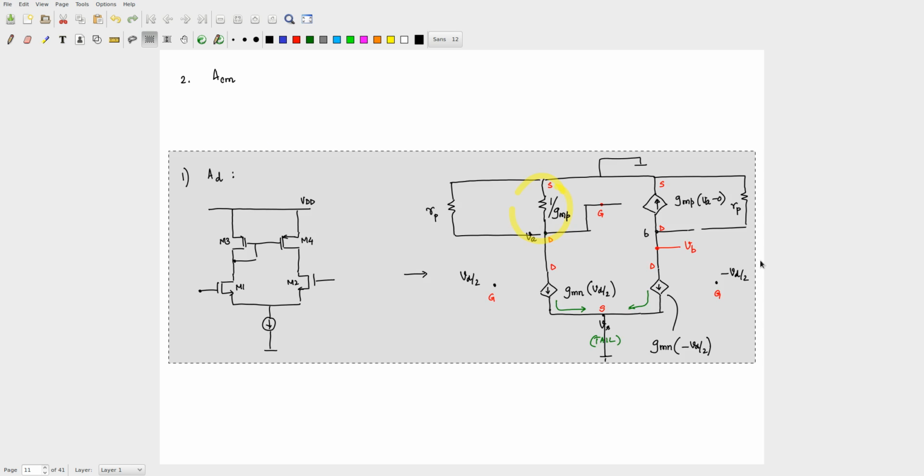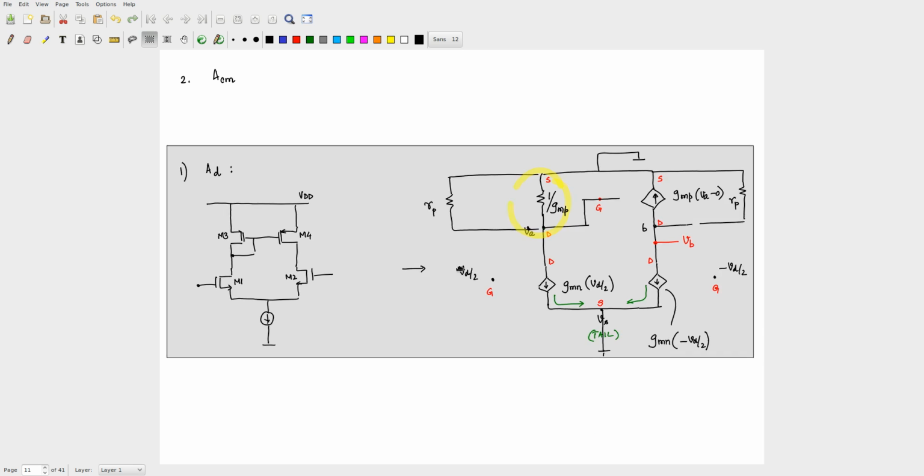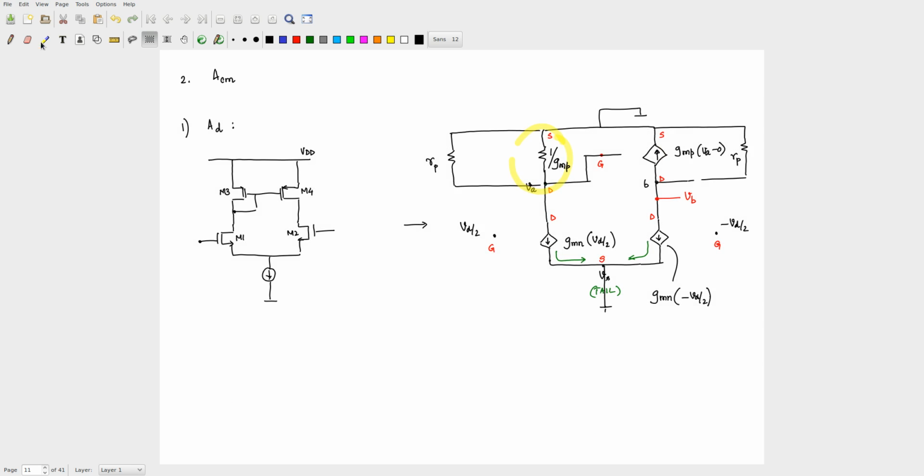Okay, so for the common mode picture, what would I have to change? As I mentioned, for the common mode picture, I want to consider an R0 here. You will see why very soon.